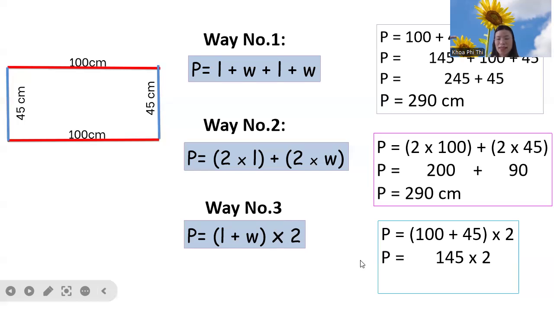Yes. You can see the result here: 145 multiplied by 2 gives the result 290. Very good. Excellent. All three ways give 290 centimeters as the perimeter of the table, the rectangle. Great job.